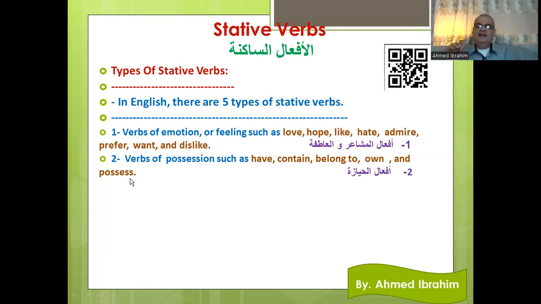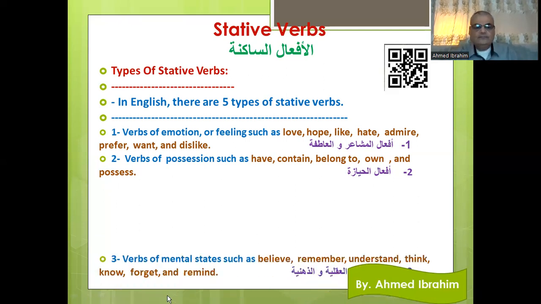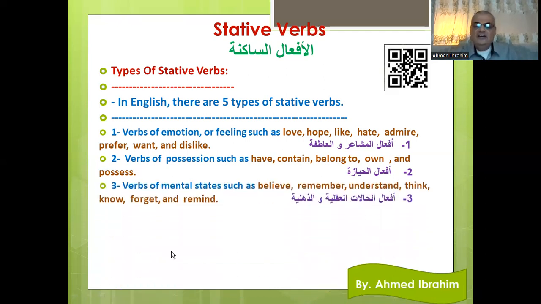Okay, and the meaning is written in Arabic. 3, verbs of mental state, such as believe, remember, understand, think, know, forget, and remind.